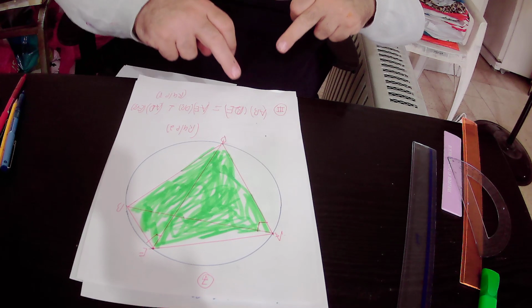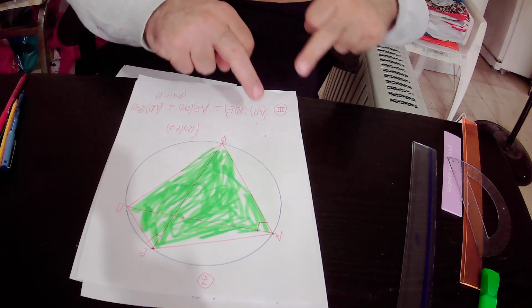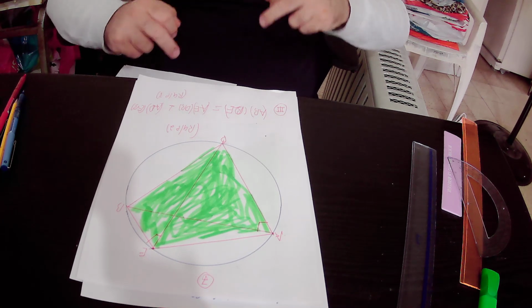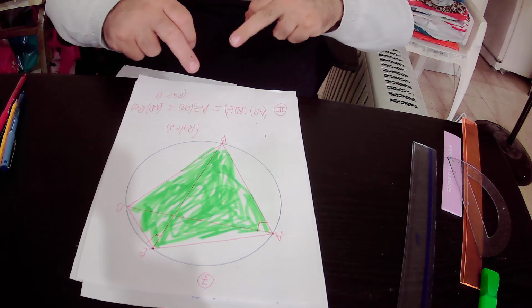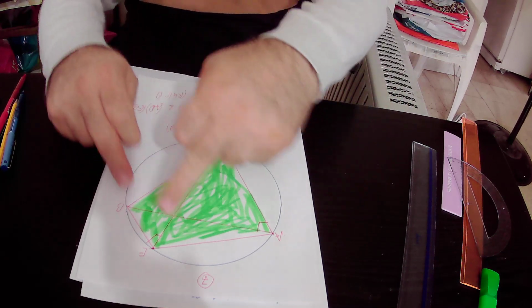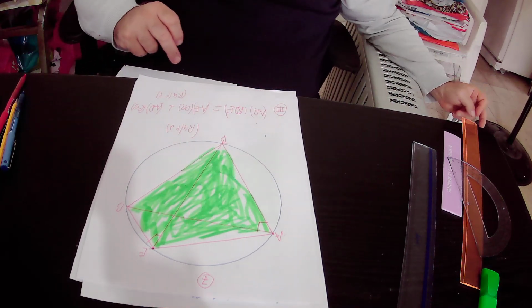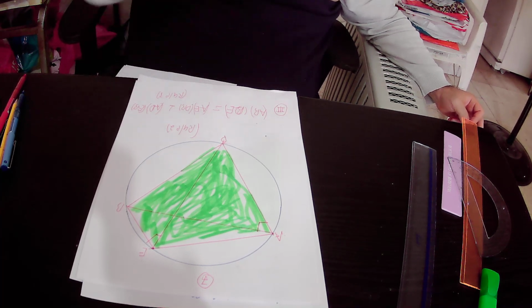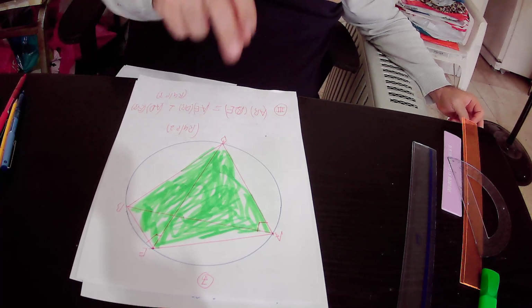Again, AB times DE equals AE times DB plus AD times EB. That is the implementation of rule number 3 in our drawing.